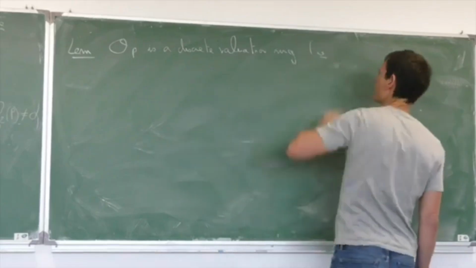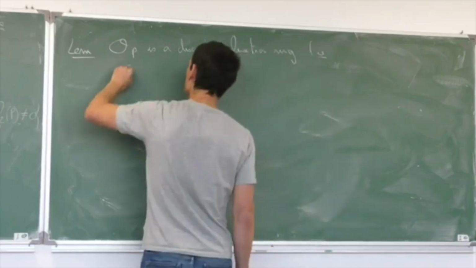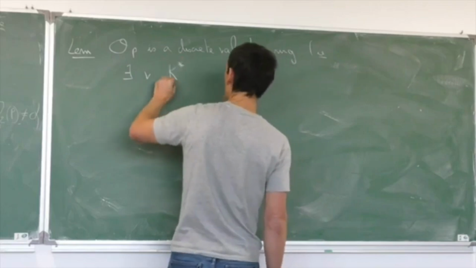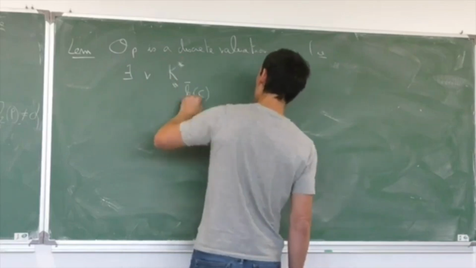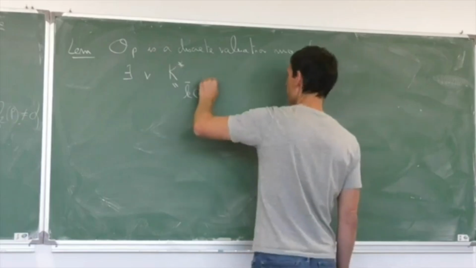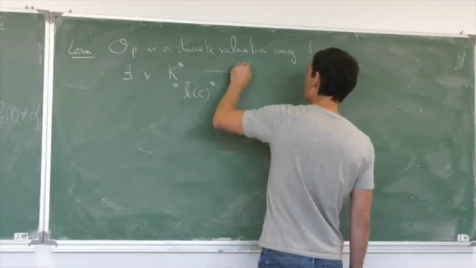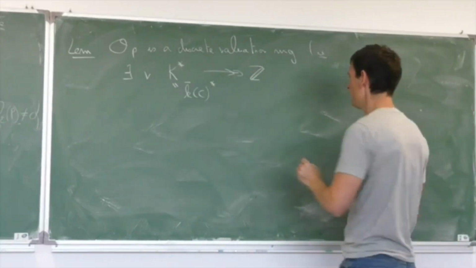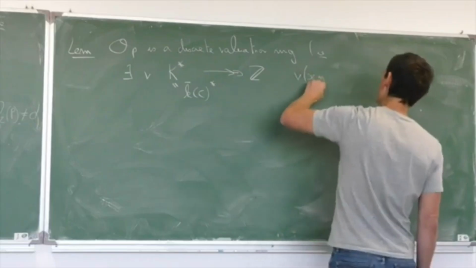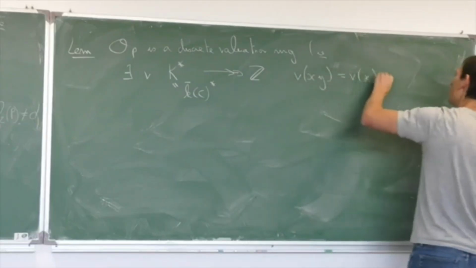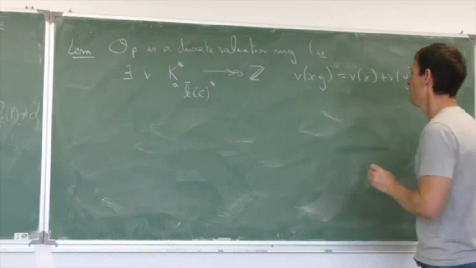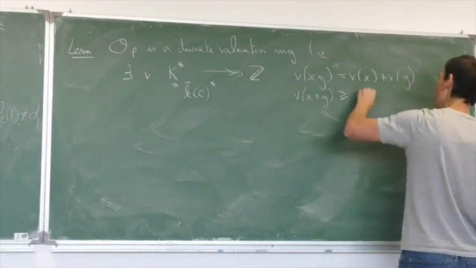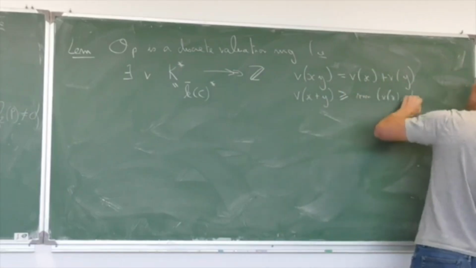It means that there exists a valuation V, which goes from K star, where K is K bar of C, so without the 0, which surjects onto Z, and which has the property that V of xy is V of x plus V of y, and V of x plus y is greater than or equal to the minimum of V of x and V of y.